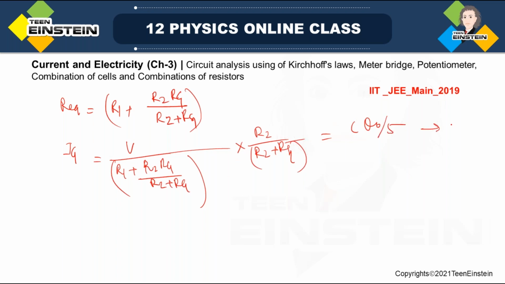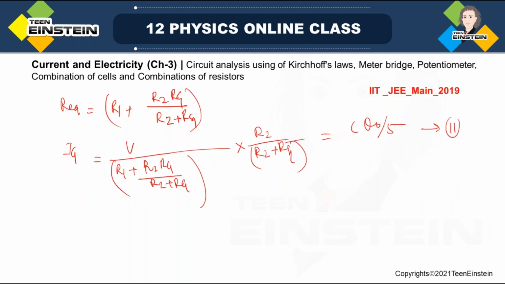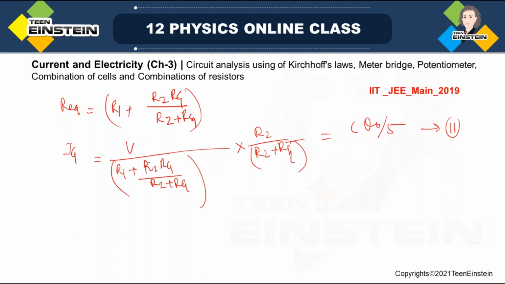I have got two equations. You can see that this is equation number 2, and here I have got equation number 1. Now these are both galvanometer currents, so I can just equate them, or divide them, to get some relationship with R1, R2, etc. Let me write equation number 1 here itself: V by R1 plus Rg is equal to C theta 0.